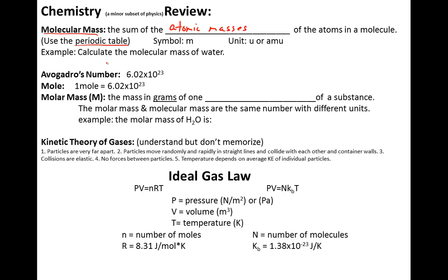It says calculate the molecular mass of water. So we know water is made out of 2 atoms of hydrogen and 1 atom of oxygen. To calculate its molecular mass, since there are 2 hydrogens, we take 2 times, if you look on the periodic table, now I've got a really precise table that tells me its value is 1.00794 U. The U stands for atomic mass units.